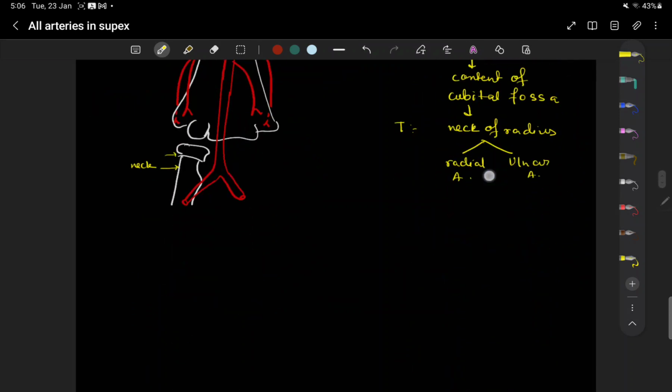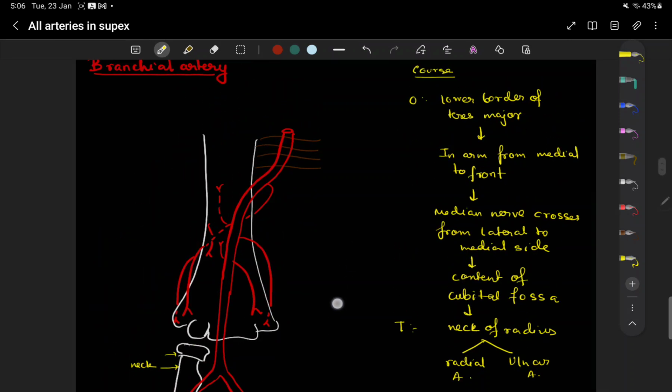Next, if we talk about the branches, I am writing the branches in the diagram itself. The main and the most important branch is the profunda brachii artery.